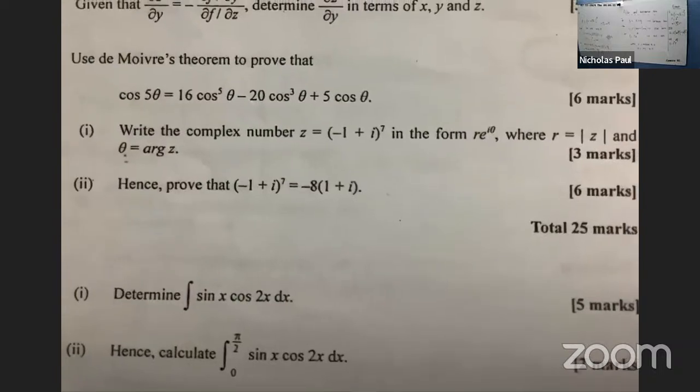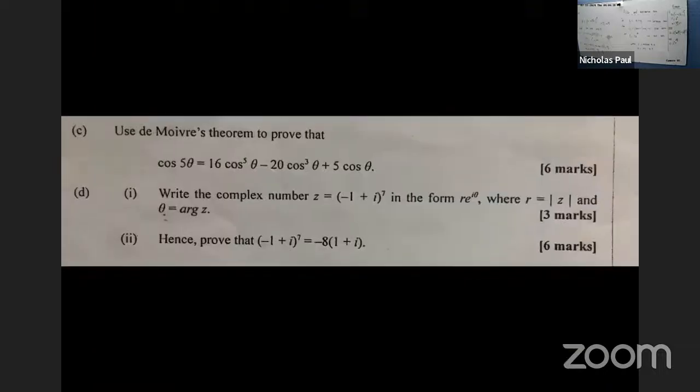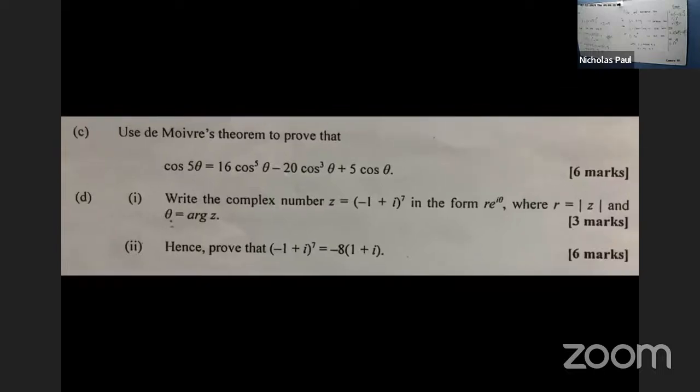Did I give you (-1 + i)^7 already? Okay, everything is 7. Well, I'm not going to change every number next year. Ignore part C, we just do part D here.